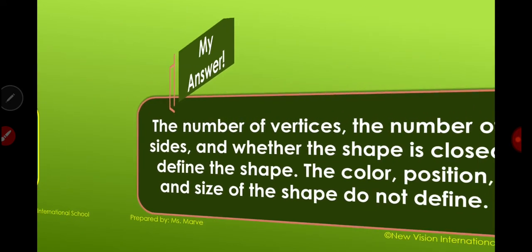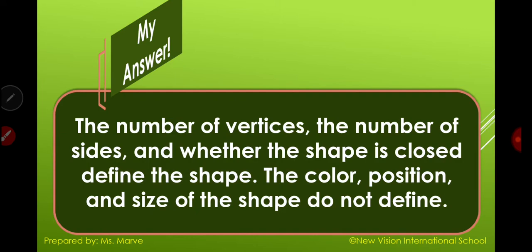Okay, let's check. My answer should be the number of vertices, the number of sides, and whether the shape is closed. These define the shape. The color, position, and size of the shape do not define it.